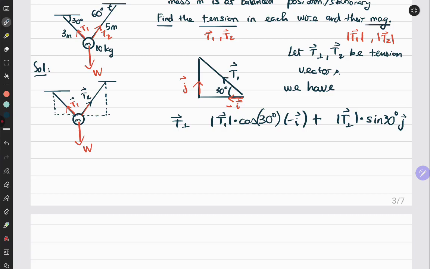Multiply both sides, move this with this. So instead of that, I have the magnitude of T1 multiplied by cosine 30 degrees. That is the length of u. And then multiply by the basis vector, negative I. Do that again for v. We have the second part right here.